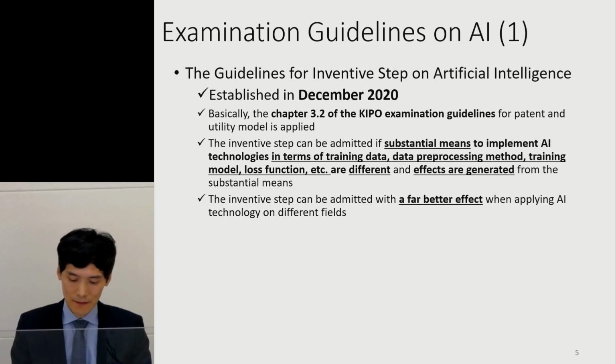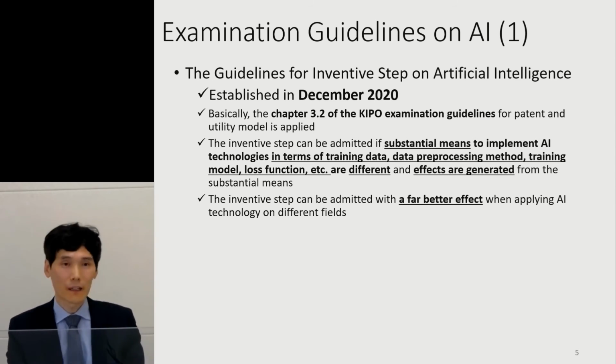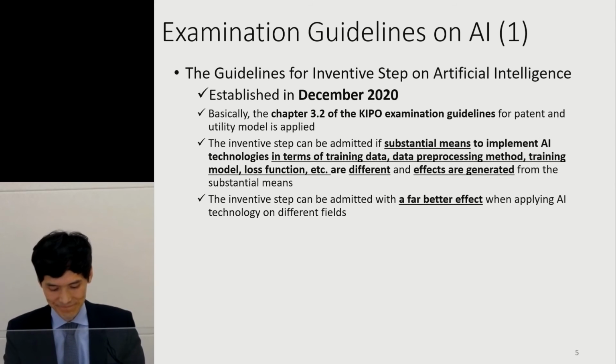The guideline outlines requirements of patentability and written descriptions, and includes various exemplary cases with a focus on convergence technology, such as AI, IoT, biotechnology, and so on.